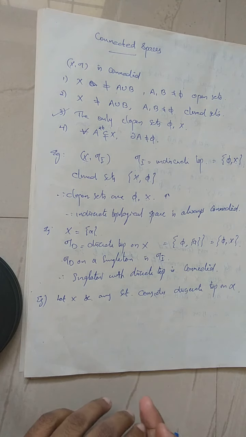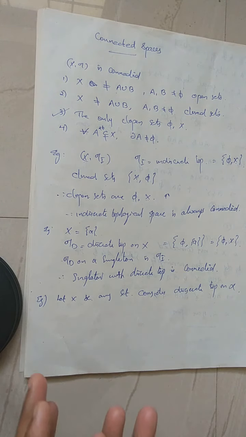In the discrete topology, all the subsets will be open, and all the subsets will be closed also.